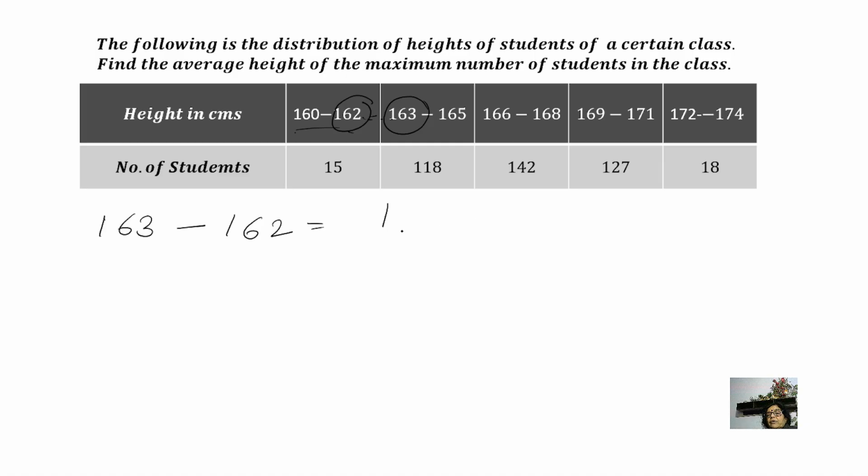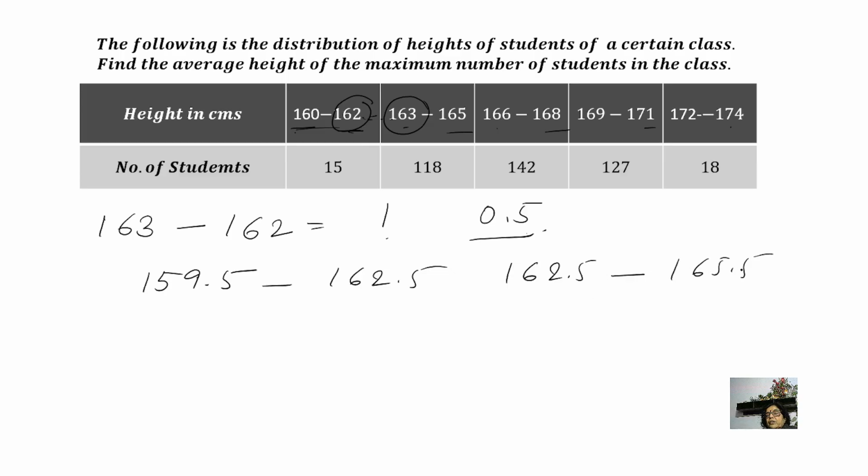This 1 that comes, divide that by 2, so we get here 0.5. Once you get the 0.5, this 0.5 is added to the upper limit of each class interval and subtracted from the lower limit of each class interval. So my first class interval will become 159.5 to 162.5. The second class interval will become 162.5 to 165.5 and so on.